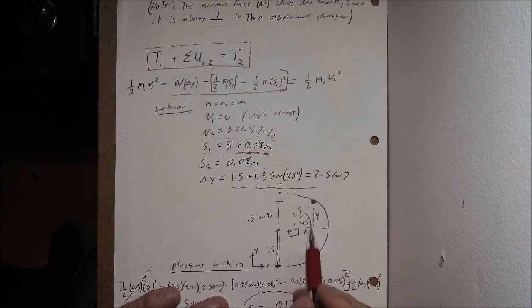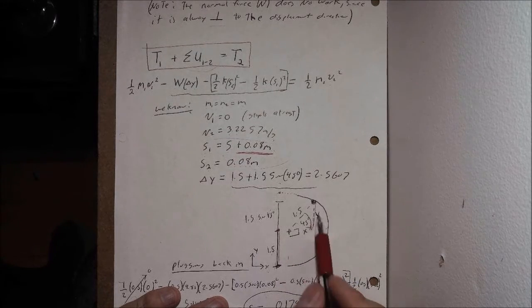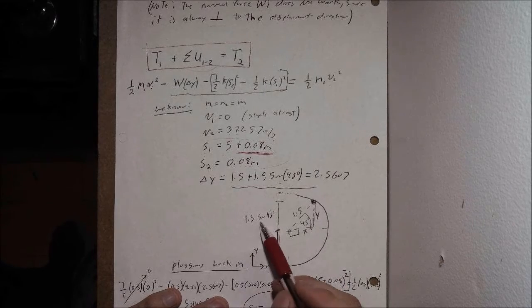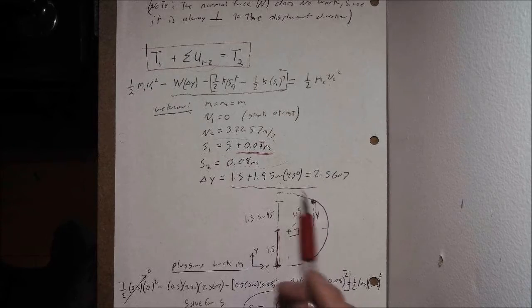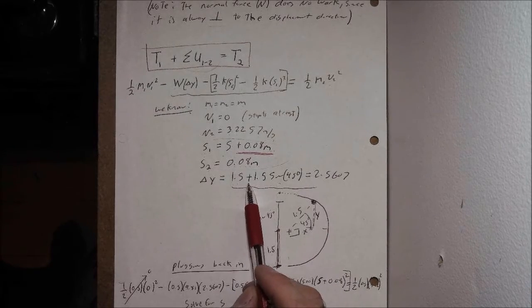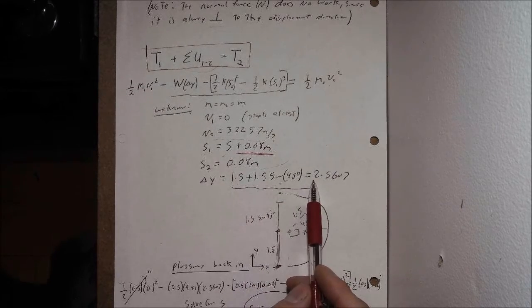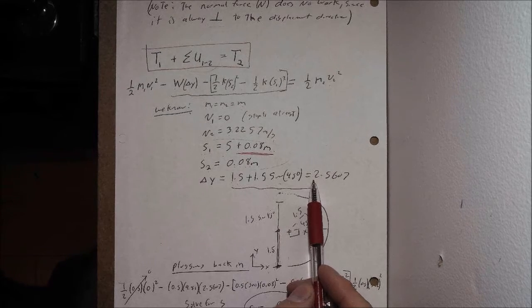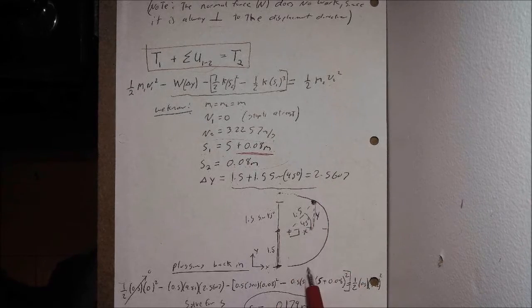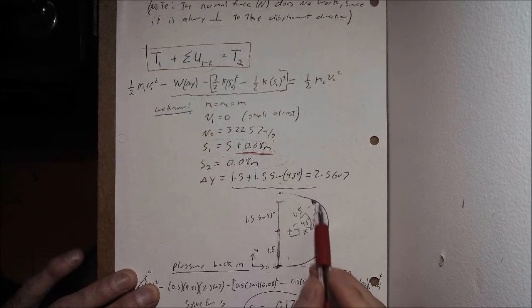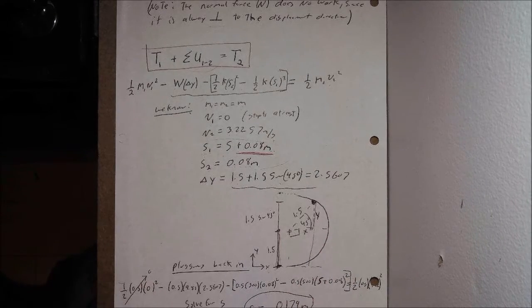So that distance y that we're going to add to this 1.5 is given by this triangle right here. So 1.5 times the sine of 45 will give us that. That's where we get 1.5 plus 1.5 times the sine of 45, which gives us a value for our delta y of 2.5607. That's the distance from this point to our origin, so that's our delta y.